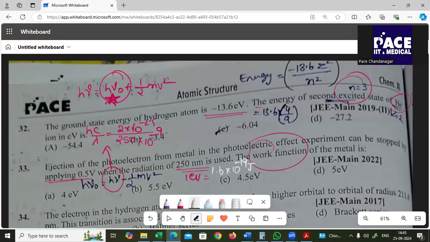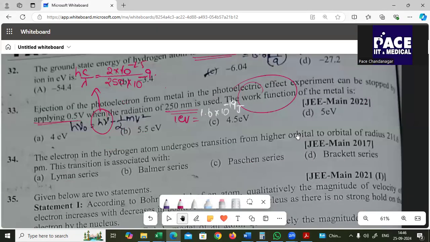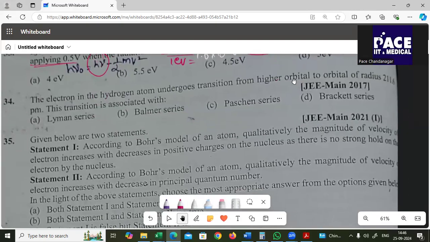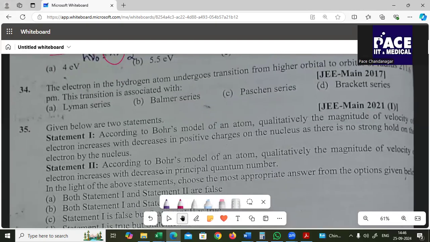So these many joules divided by 1.6 into 10 to the power minus 19, wherein you get one answer there. Then 0.5 minus this, what you get is your answer there. So just substitute those values. I'm leaving the calculations up to you. I'm doing all the skeleton work for you, and you will do the calculations at home very fast.